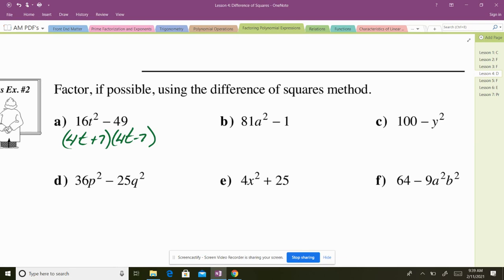What about b? Can you square root 81? So it's going to become 9a plus 1, 9a minus 1.